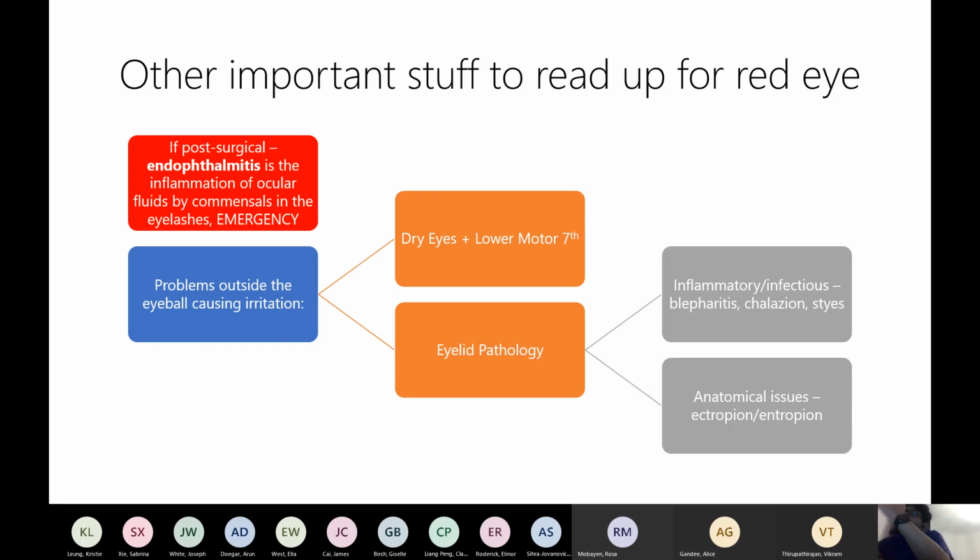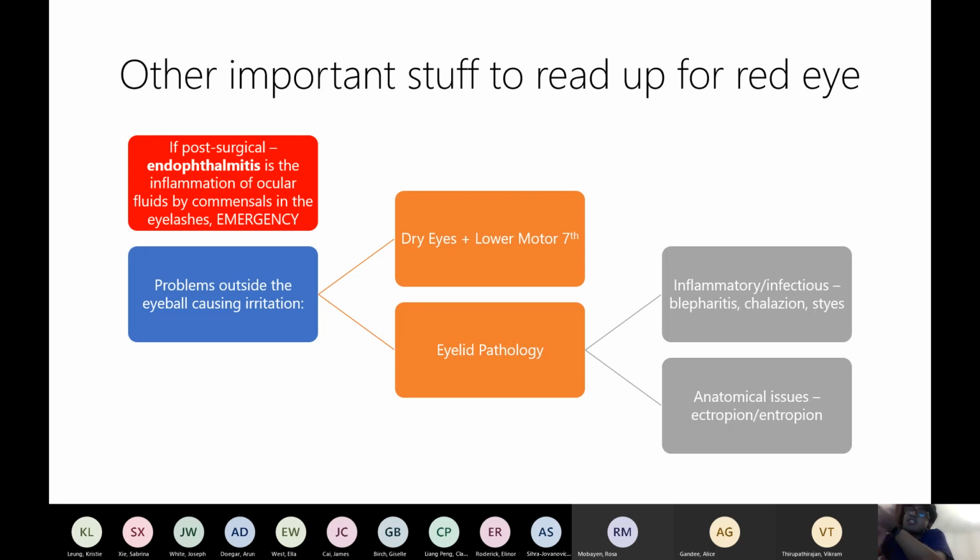Notably, if you've had cataract surgery and there's been contamination of the ocular fluids by commensals in the eyelashes, you need a vitreal surgeon to fix this, because you probably need to remove the vitreous humor. This is an emergency and can cause blindness.